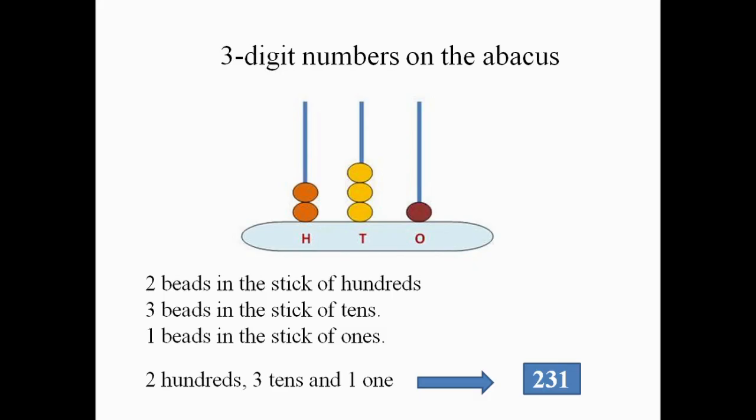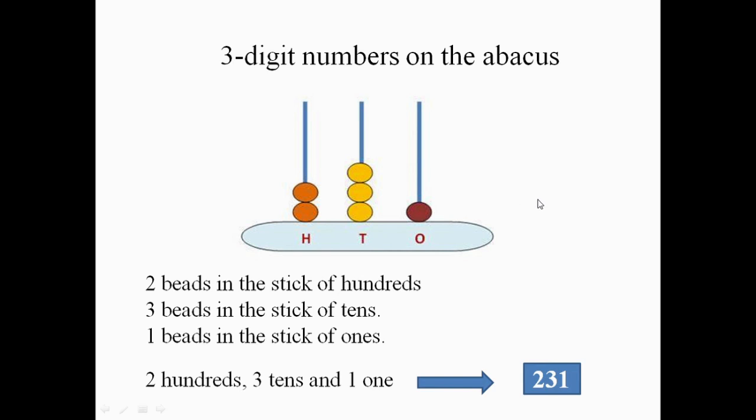Now we move on to the abacus. So we have already learned abacus in our 2-digit numbers. So in abacus we have 3 sticks. This is the stick of ones, this is the stick of tens, and this is the stick of hundreds.